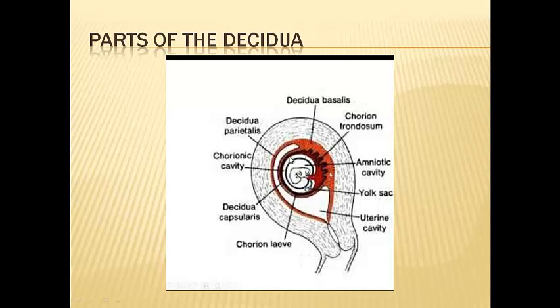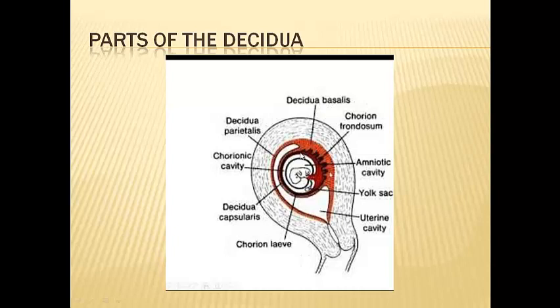Remember, the chorion is the outer membrane of the developing fetus. These are the villi that we spoke about last time. So notice how part of the decidua, or part of the endometrium, is closely related to this part of the chorion. This is called the decidua basalis.